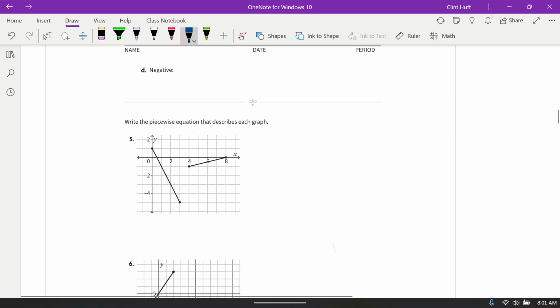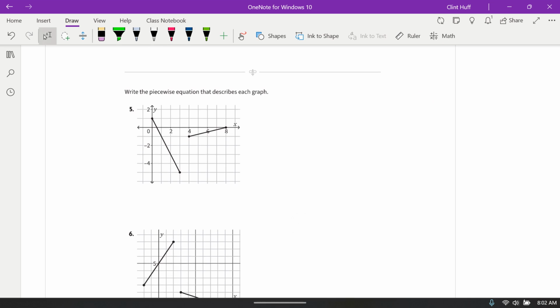All right, piecewise functions. What we have to do with this is we have to set up branches, I call them. So if we go with y equals, we're going to have two branches. The first branch is going to be from x equals 0 to x equals 3.